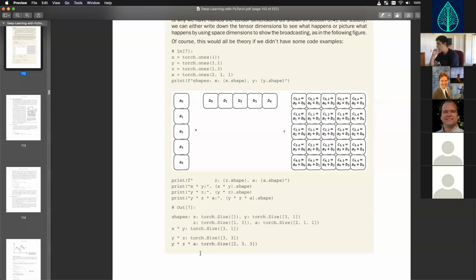Because I played around with the numbers, and I can start off with A being a 2 by 1 by 1 or a 2 by 3 by 3, and I can get a 3 by 3 to work for it. But if the second two numbers are different, the YZ being a 3 by 3 is only applied to the back end of the Y.Z.A.